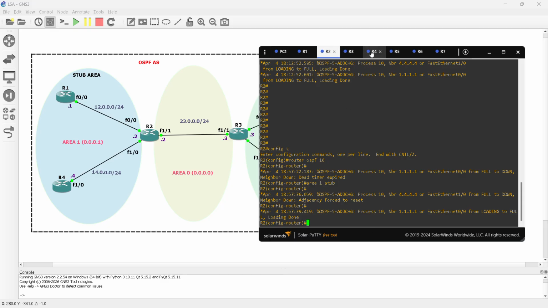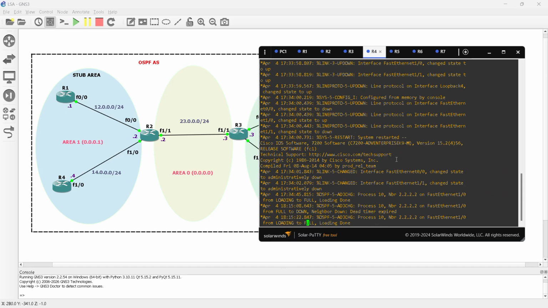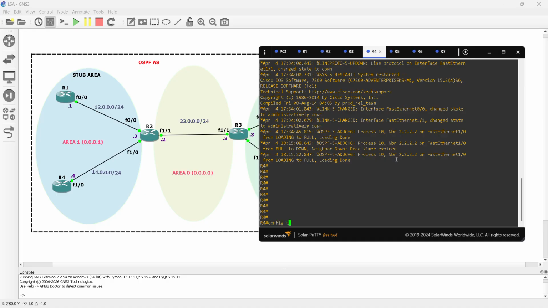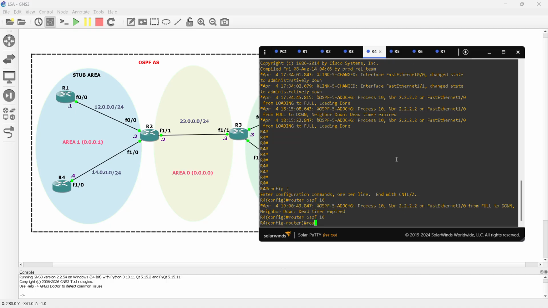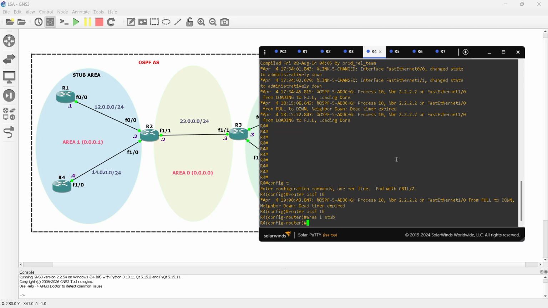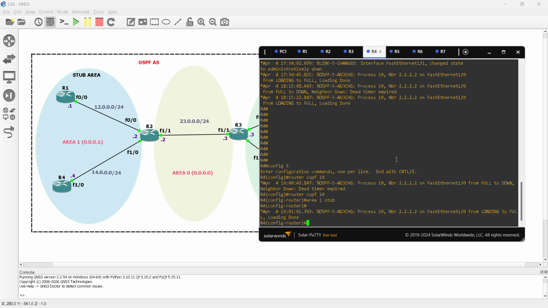Now we'll go to R4 and we'll make it stub. Router ospf 15, area 1 stub. As you can see, the adjacency between R4 and R2 gets changed.